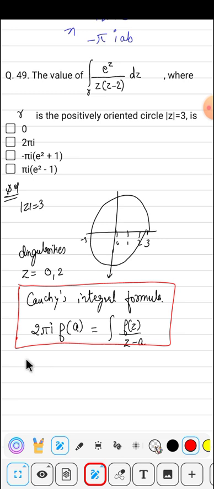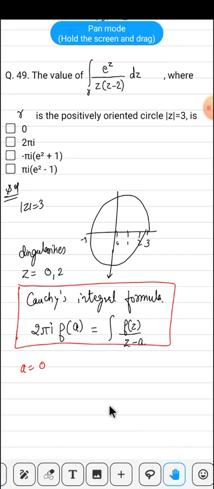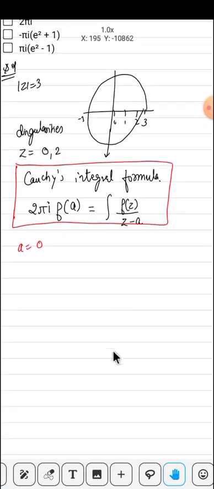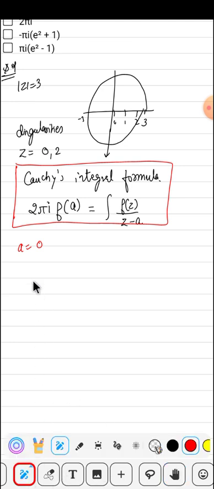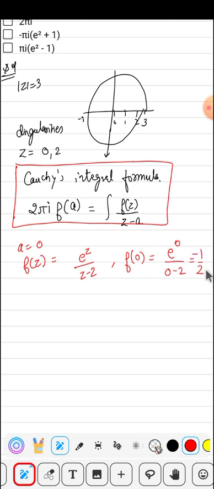So let a equal 0, then f of z will be e to the z upon z minus 2. So f of 0 will be e to the 0, 0 minus 2 gives minus 1 upon 2.